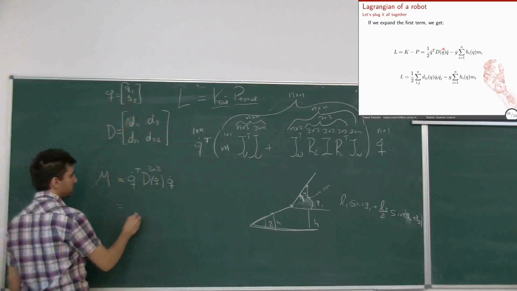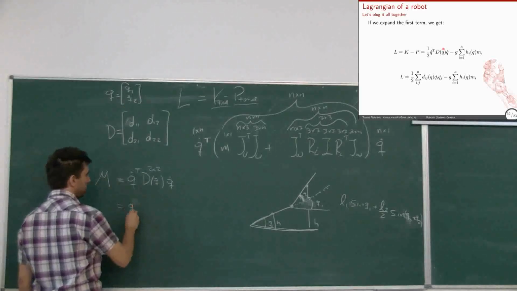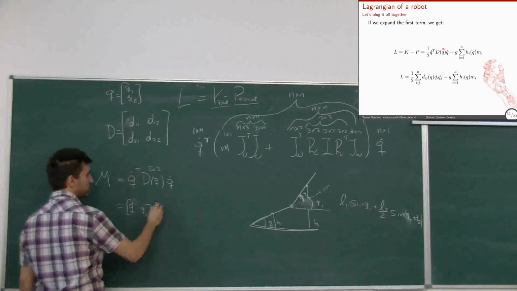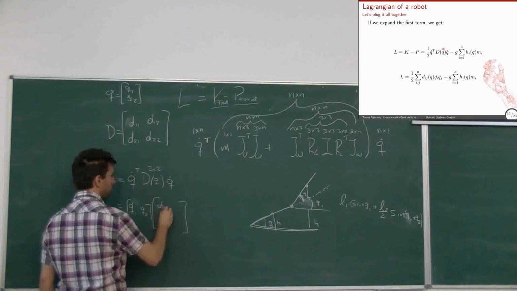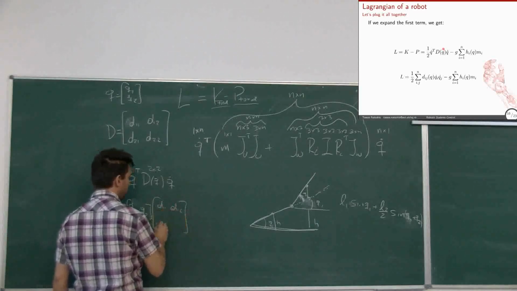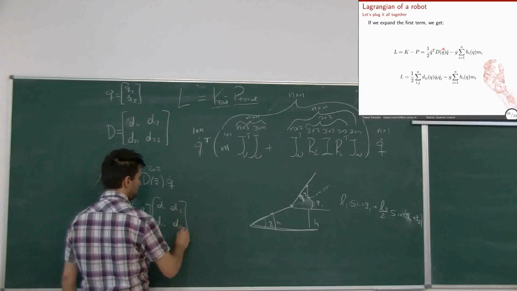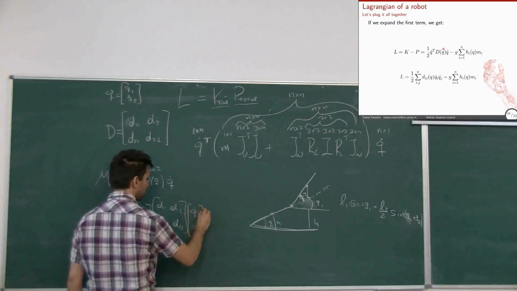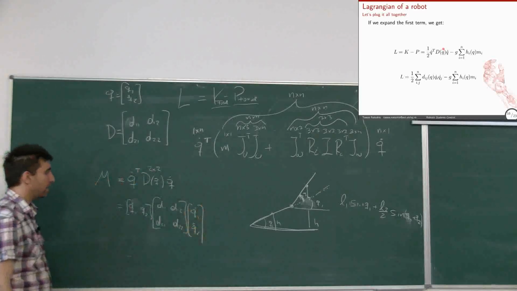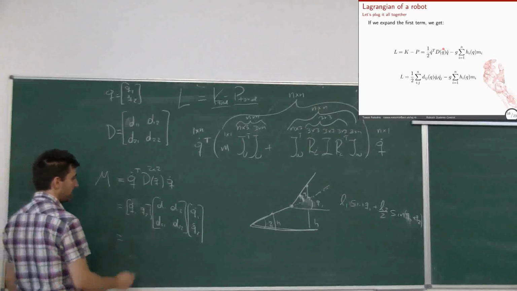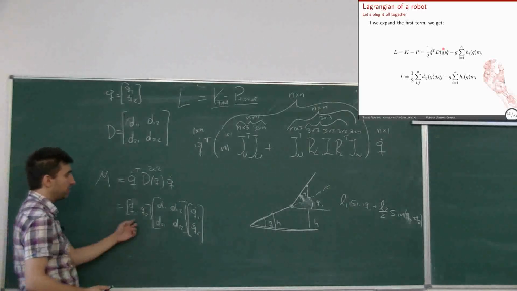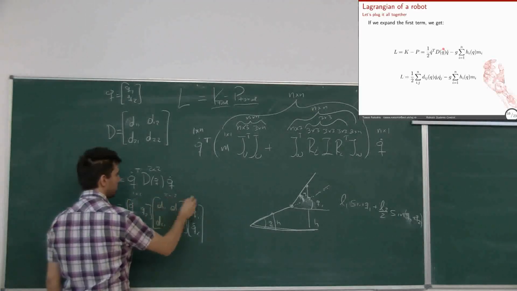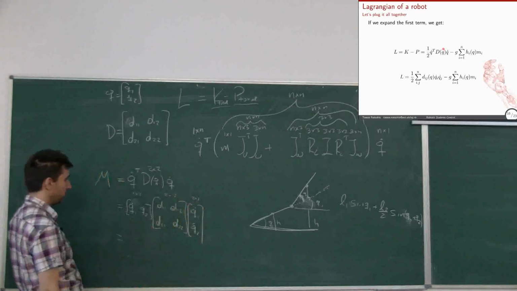So in the end this is Q1 dot, Q2 dot, because this is transposed, times D11, D12, D21, D22, times Q1 dot, Q2 dot. If I do the multiplications, I will end up with what dimension? So this is 1 by 2, 2 by 2, 2 by 1. I will end up with a 1 by 1.